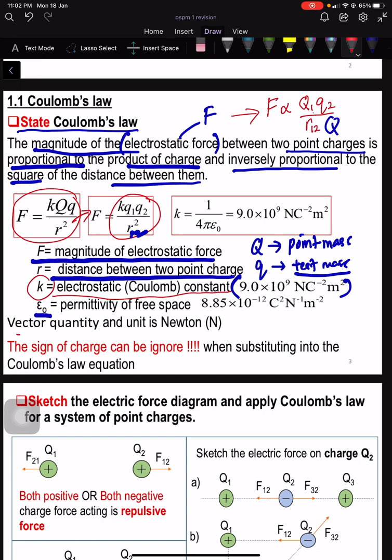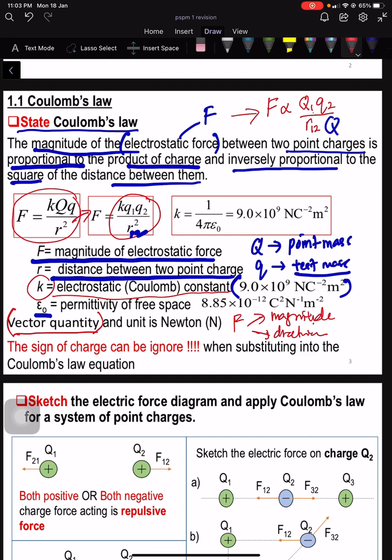The electrostatic force is a vector quantity, meaning that force has magnitude and direction.